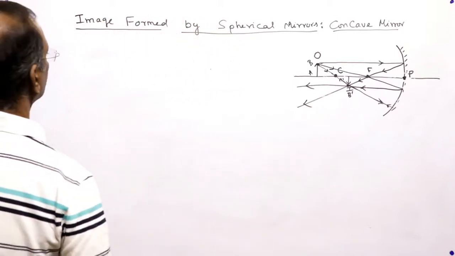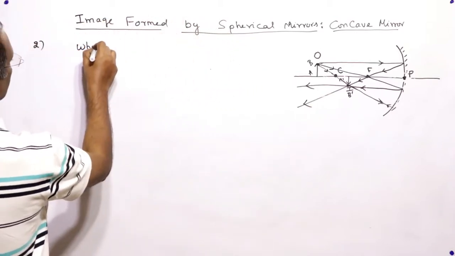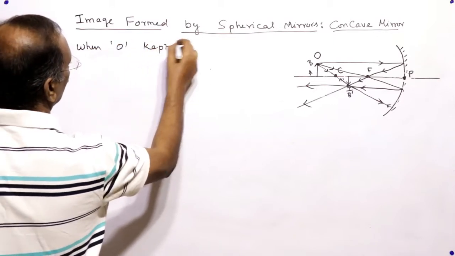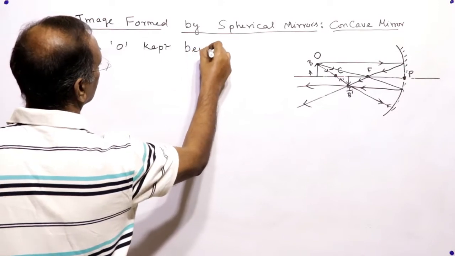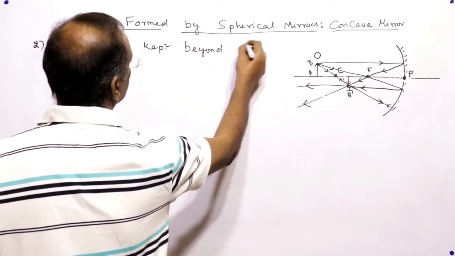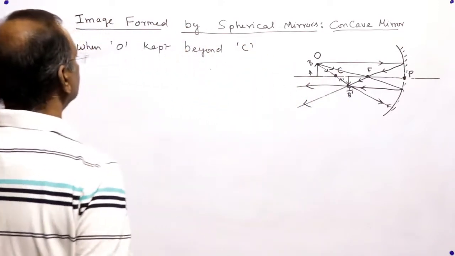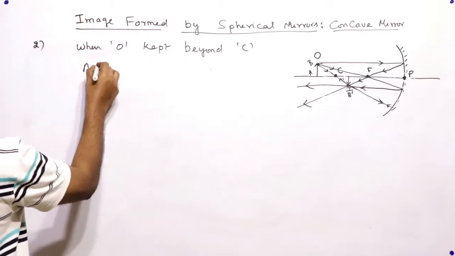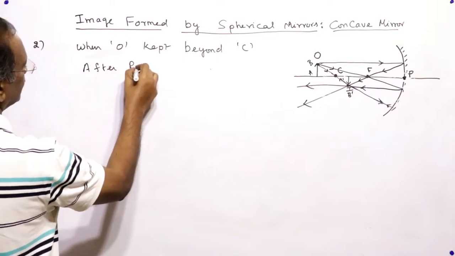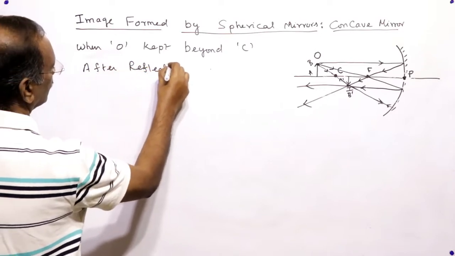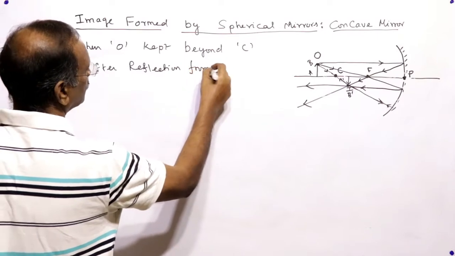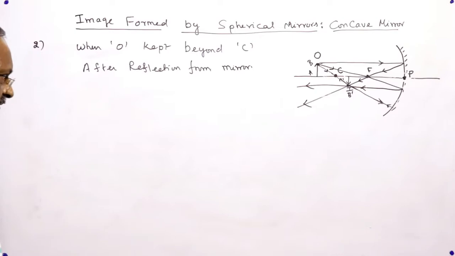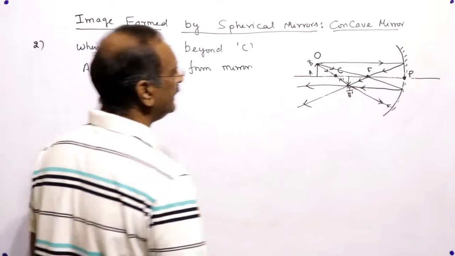So when the object is kept beyond C, the rays after reflection from the mirror form the image at A dash B dash.